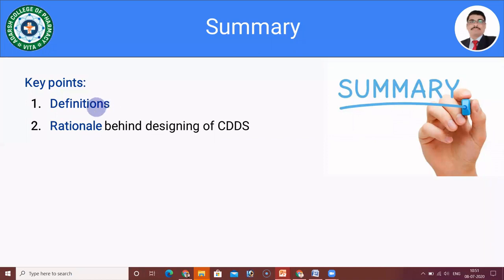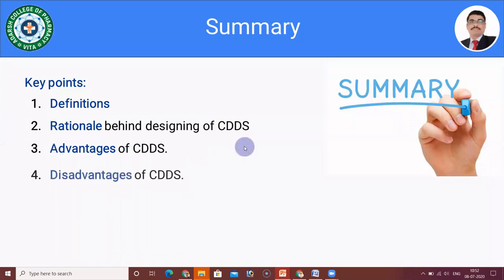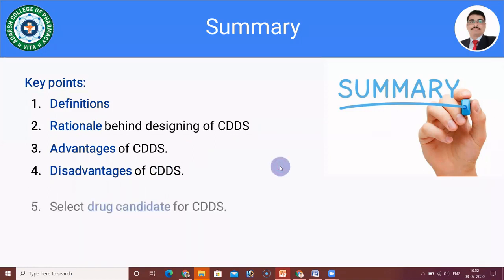Furthermore, we have discussed the limitations of conventional drug delivery along with the rationale behind designing controlled drug delivery. What is the need? What is the medical rationale behind the designing of controlled drug delivery system? Furthermore, we have discussed the advantages and disadvantages of controlled drug delivery system.